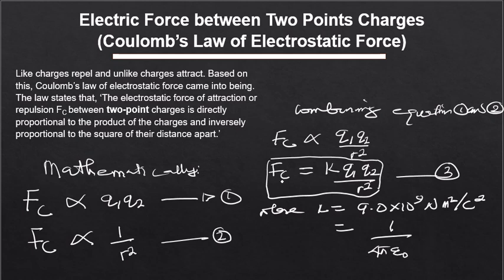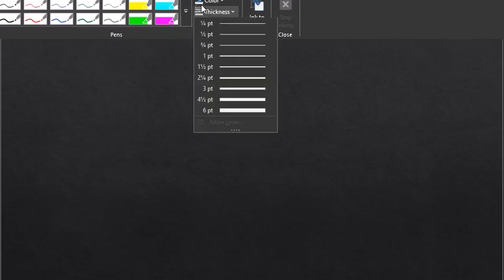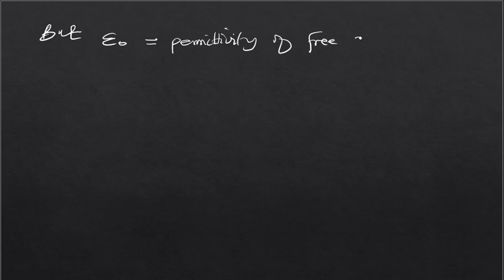So if you combine these together, but epsilon naught is the same thing as permittivity of free space, which is equal to 8.85 times 10 raised to the power of minus 12 farad per meter.